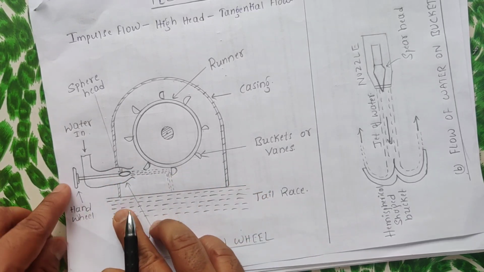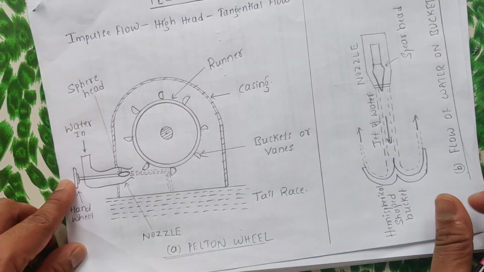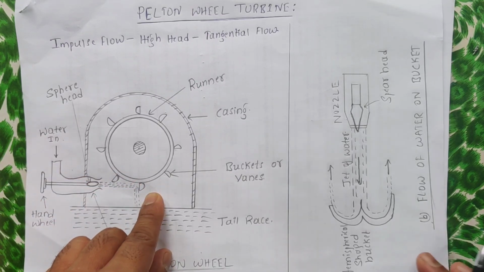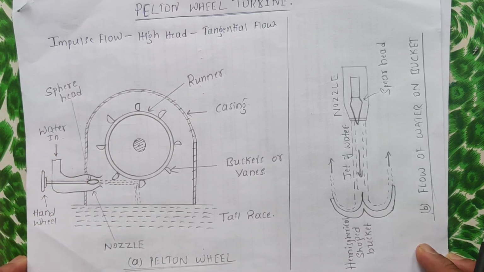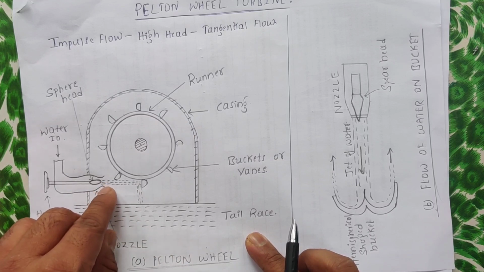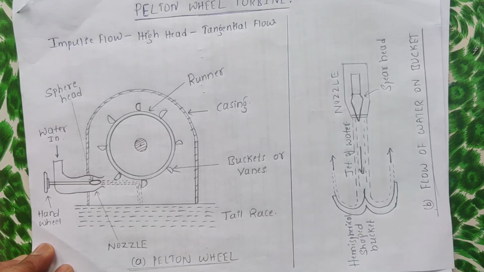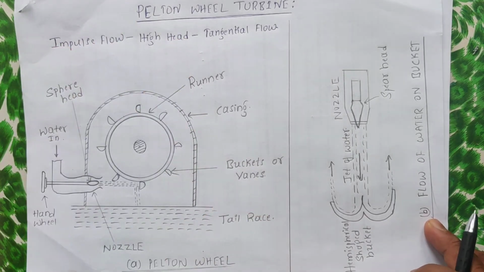There is a hand wheel, using which we can control the flow of water to the turbine. And there is a tail race: the water which has been used flows through this tail race, and it can be used for many agricultural purposes. So that is the construction.